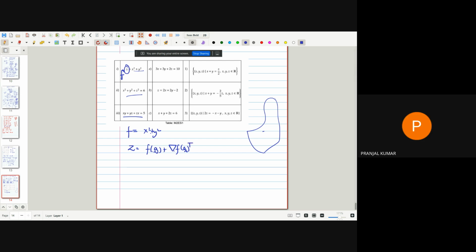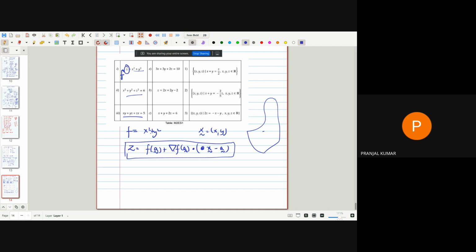Transpose is another way of saying dot product. Your x tilde represents x and y; x tilde is basically a general point (x, y). So this is your equation.